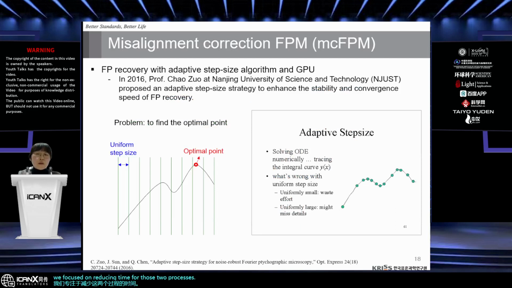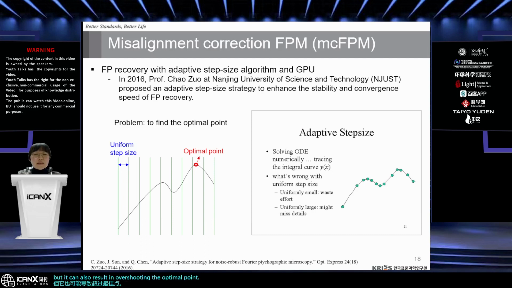The goal of FP recovery is to find the object function and pupil function that minimize the difference between the measured intensity and the calculated intensity. If the step size is too large, it may lead to a shorter time to reach the optimal point, but it can also result in overshooting the optimal point.